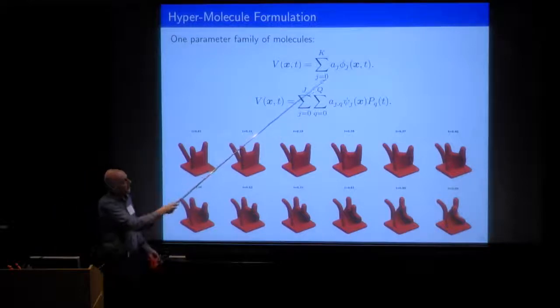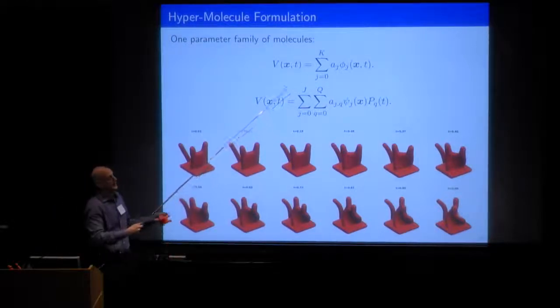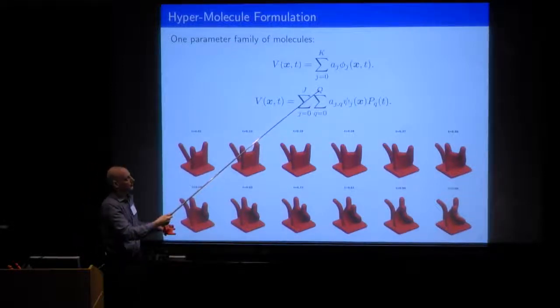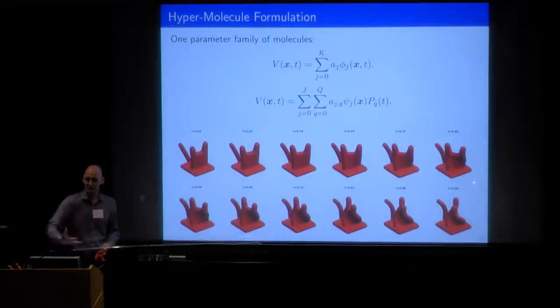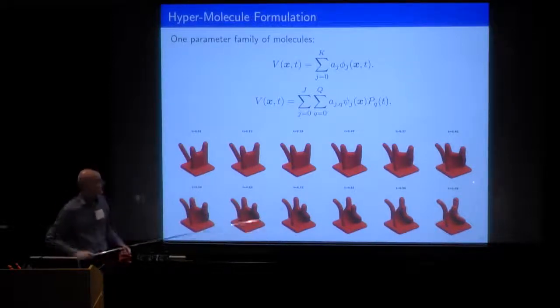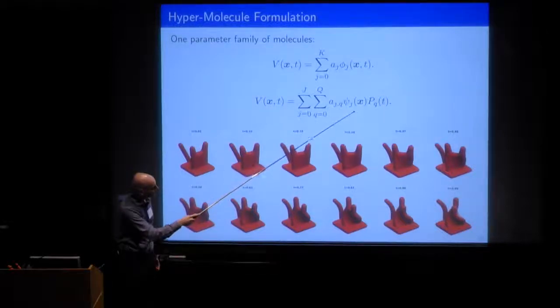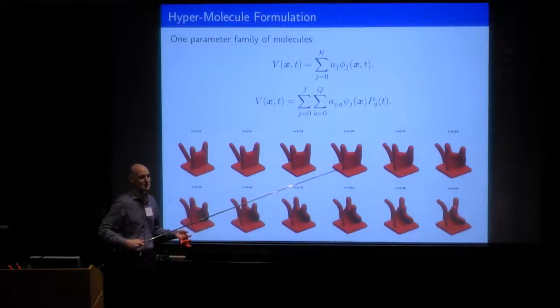It can be any basis functions, any high dimensional function at all. An easy way of writing them is as linear combinations of four-dimensional basis functions. An easy way of getting four-dimensional basis functions is to choose your favorite three-dimensional basis functions and multiply them by some one-dimensional basis function.